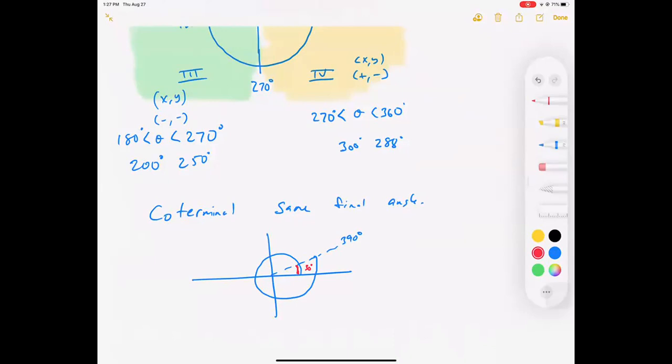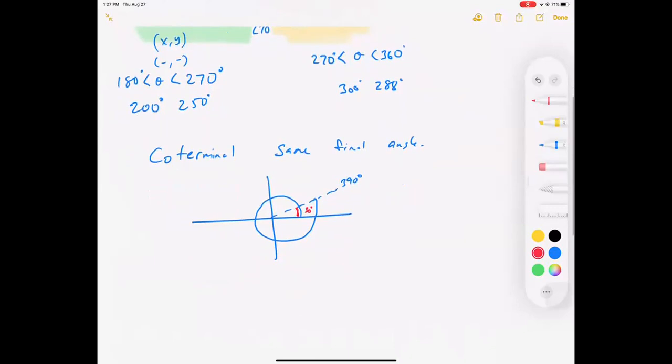They're coterminal with each other. And if we were in class, I would ask you guys to take out calculators now. But if you find the sine of 30 degrees or the sine of 390 degrees, you would still end up with the same answer, 1/2 for both.